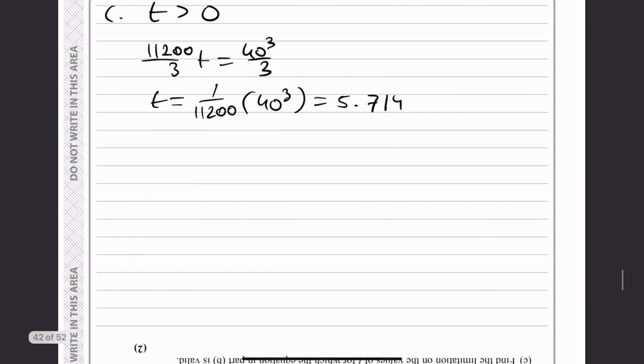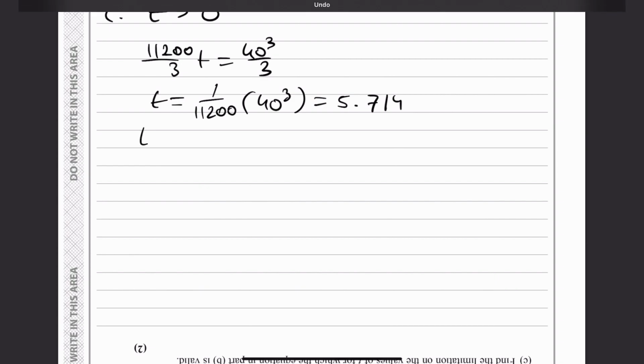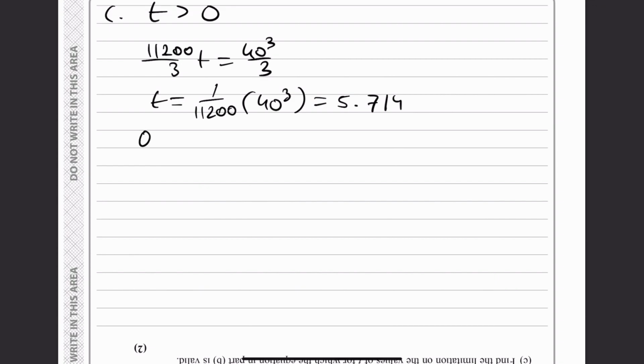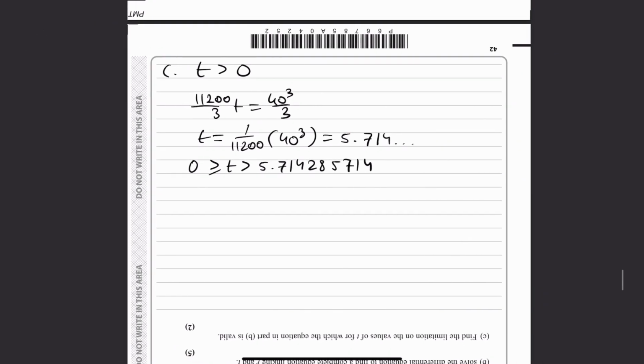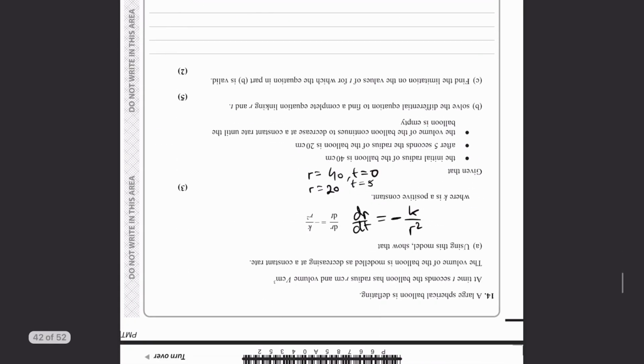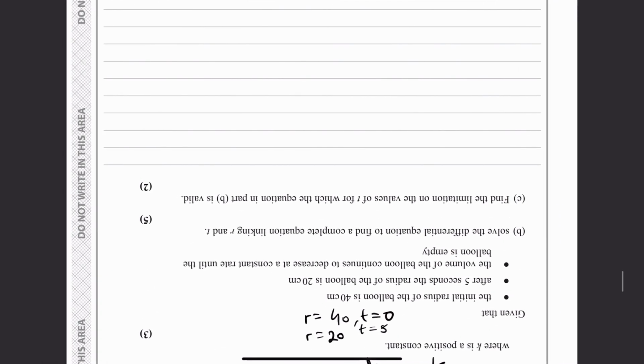So t has to be between 0. Actually, it can be equal to 0 though, I think. So that is the limitations. 5.714285714. I hope that is correct.